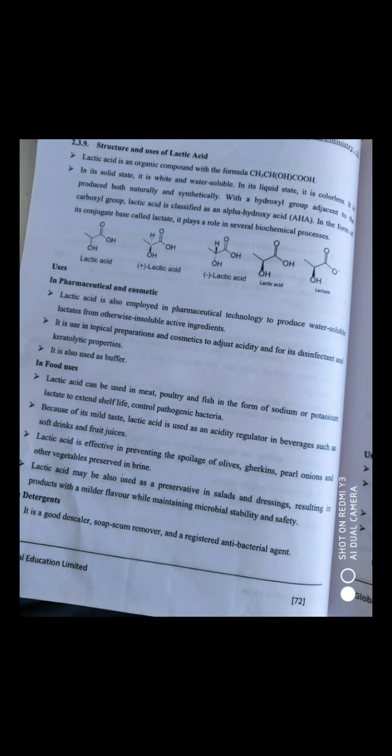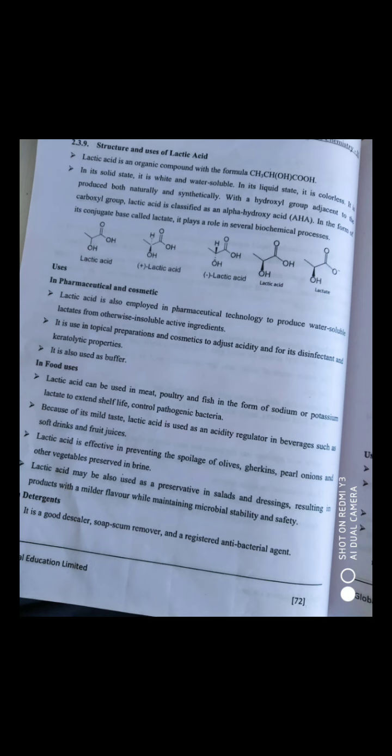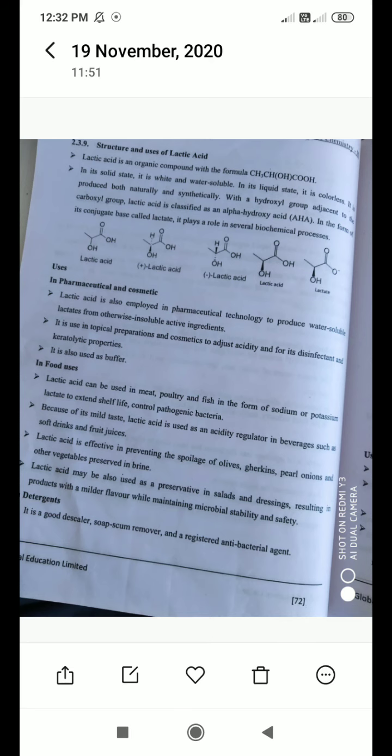Then lactic acid is effective in preventing the spoilage of olives, gherkins, pearl onions and other vegetables preserved in brine. Brine is a type of solution, like a drink. Such items, olives, gherkins, pearl onions, spoil easily, so to avoid that degradation or spoilage, it is used with them.